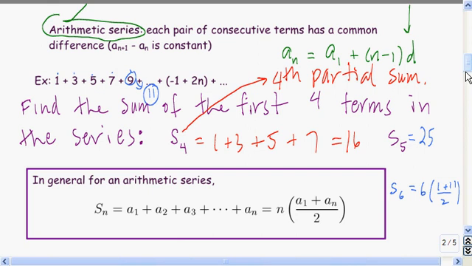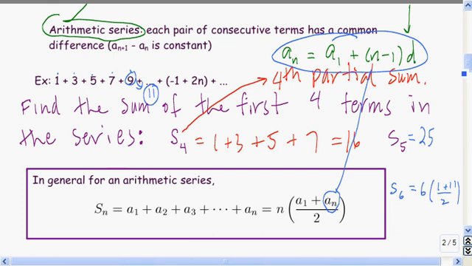Okay, so sometimes it's actually helpful to have this other formula, which I'm going to show you. Using the fact that when we have an arithmetic sequence, the nth term in our arithmetic series is just going to be a1 plus n minus 1 times d. If I plug that into that a sub n, then I have a different formula.